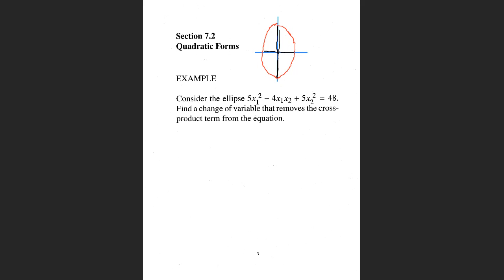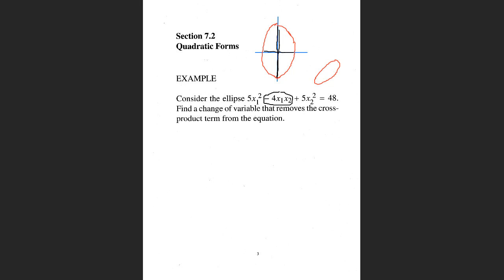When you have a cross product term in the ellipse, you get an ellipse that is going to be something like this, maybe, or something like this.